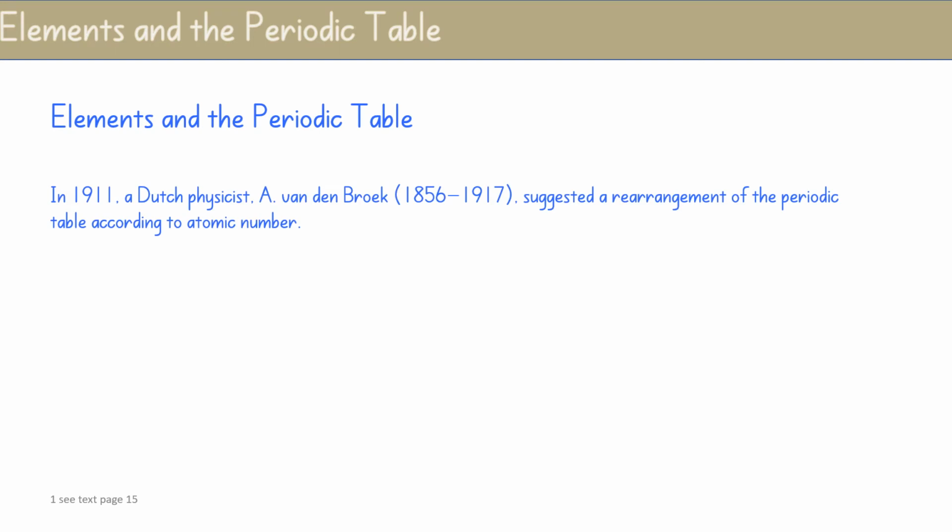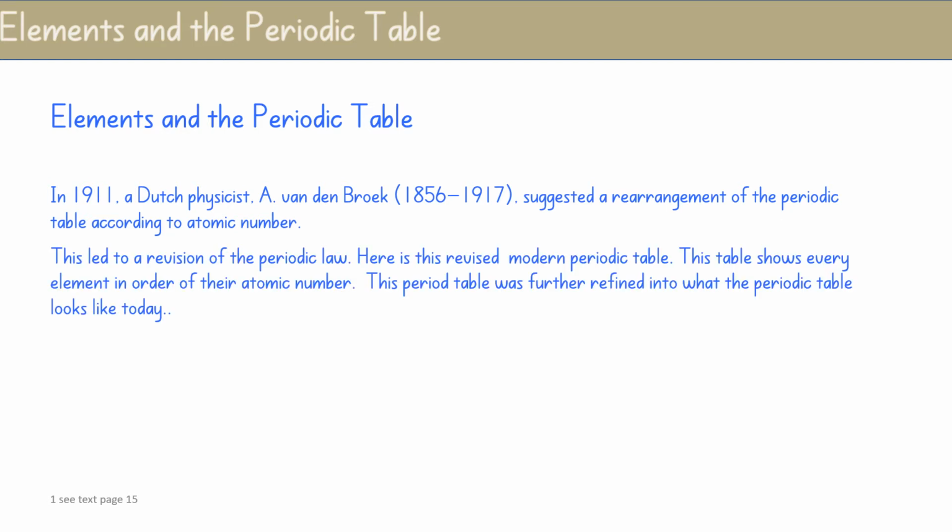In 1911, a Dutch physicist, A. van den Broek, from 1856 to 1917, suggested a rearrangement of the periodic table according to the atomic number. This led to a revision of the periodic law.